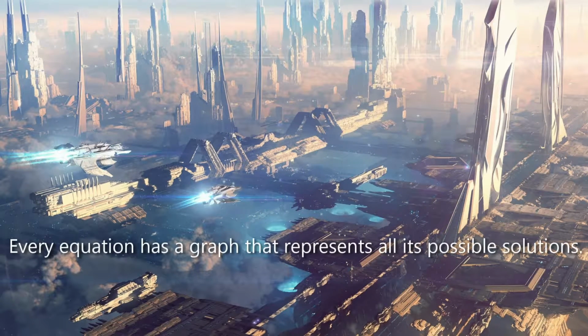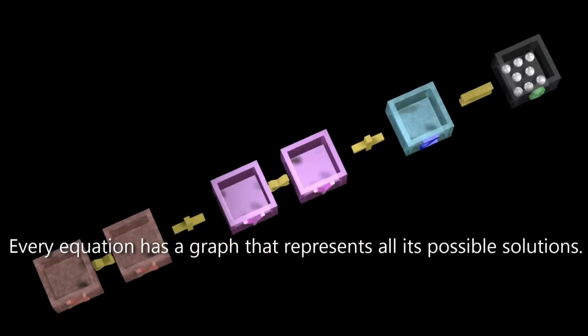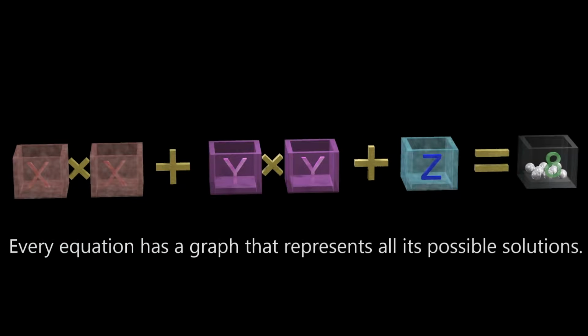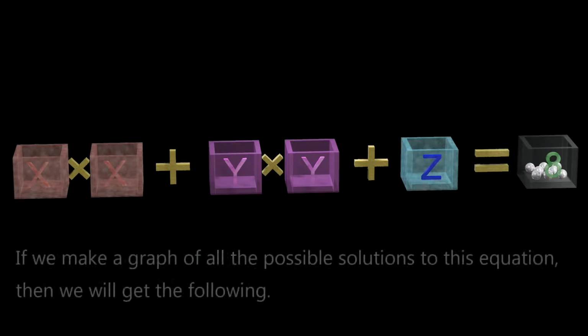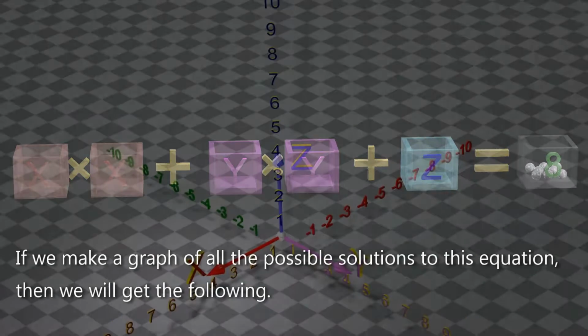Every equation has a graph that represents all its possible solutions. If we make a graph of all the possible solutions to this equation, then we'll get the following.